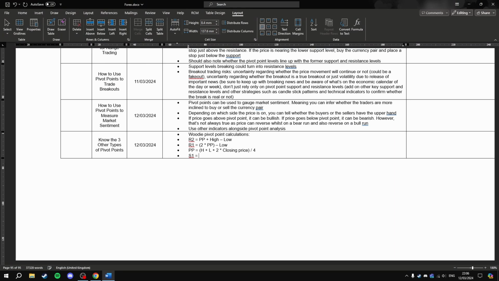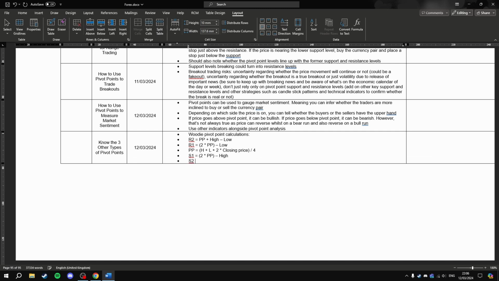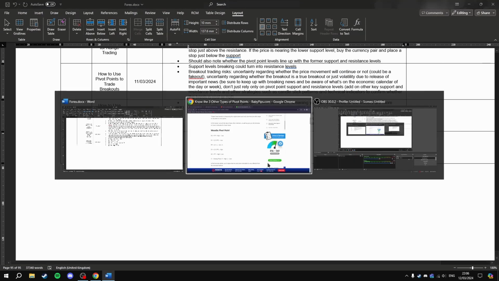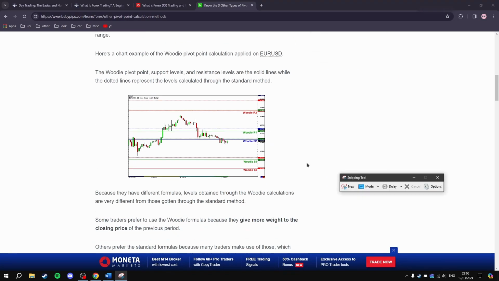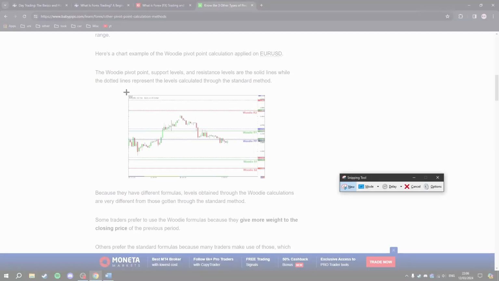Support 1 is equal to 2 times PP minus high. Support 2 is equal to PP minus high plus low.